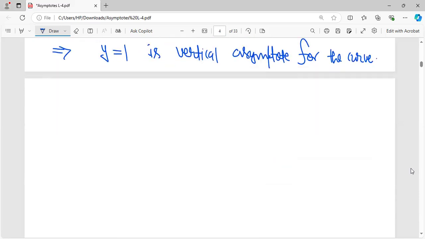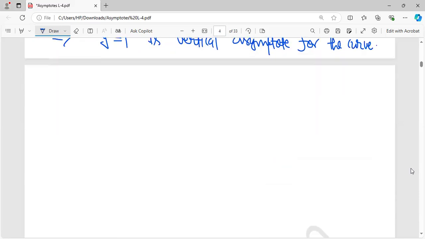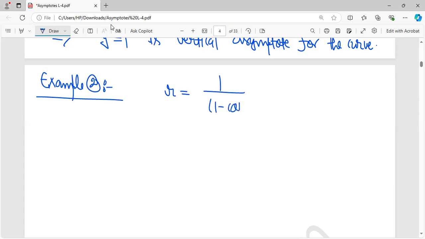Now we are taking another example. Question, or you can say example 2. Take this one: r is equal to 1 upon 1 minus cos theta.